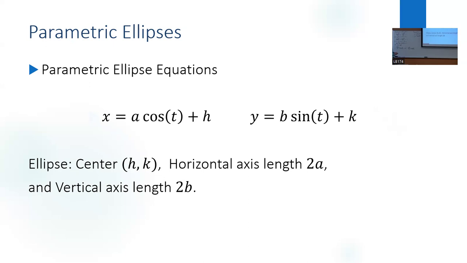Now, if a is bigger than b, then the horizontal axis is the major axis. If your vertical axis is actually longer than your horizontal axis, you might want to swap where a and b are, but you get the point.